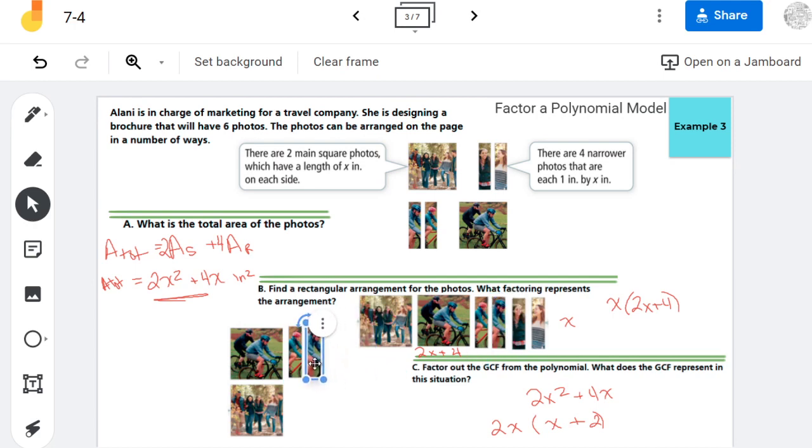So they're saying that I could take 2 of these things each and put them in like this. So here is another option for the layout using the GCF. Alright, so in this case that 2x is another possible side length.